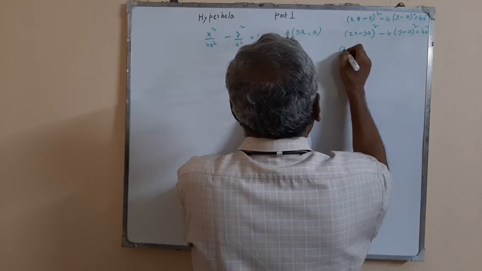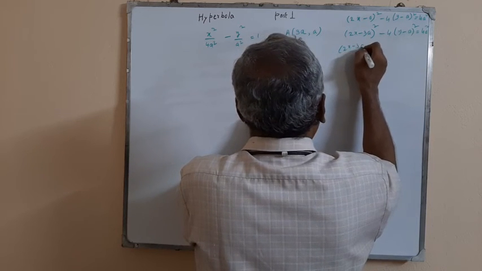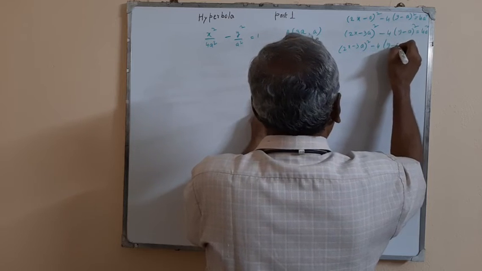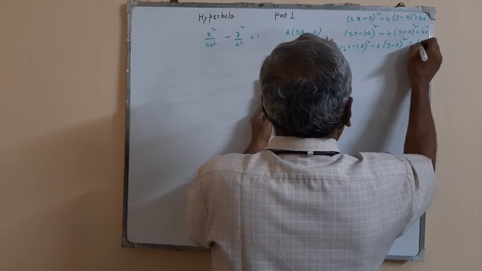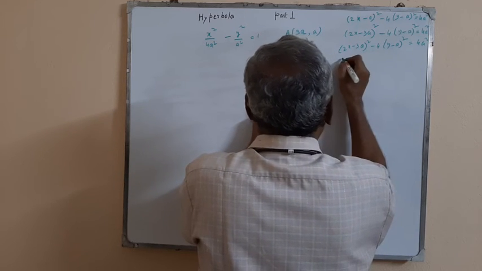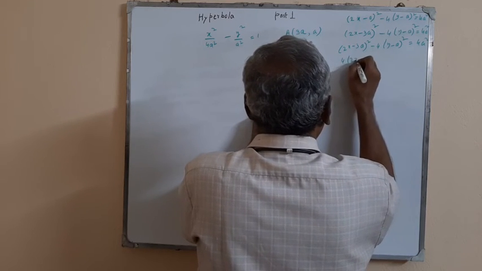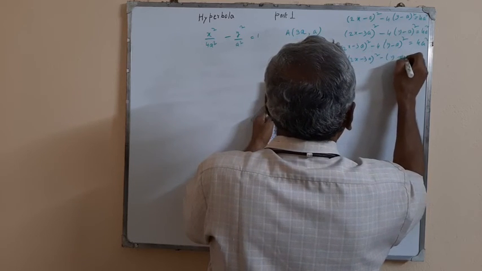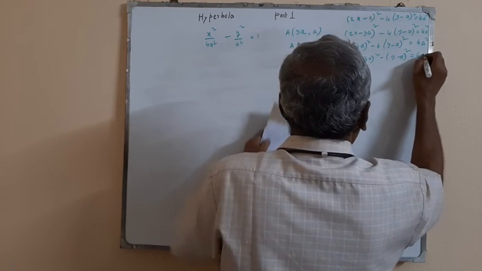Next, 2x minus 3a whole square minus 4 into 2y minus a whole square is equal to 4a square. Other is 4 into 2x minus 3a whole square minus y minus a whole square is equal to 4a square.